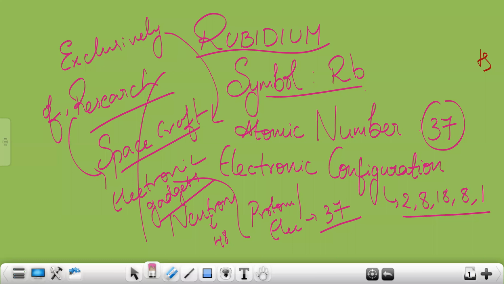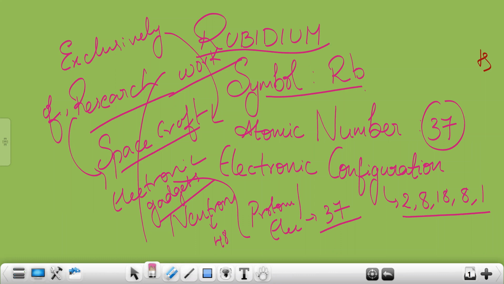So did you understand that rubidium is used exclusively for research work? You can write that in the exam. There is no need to mention the details of the research work. You can directly write it is used exclusively for research.